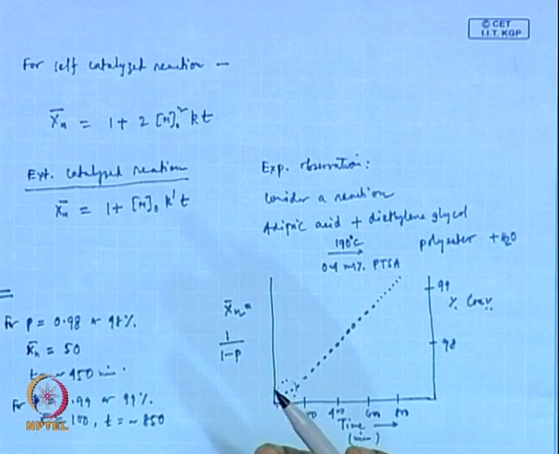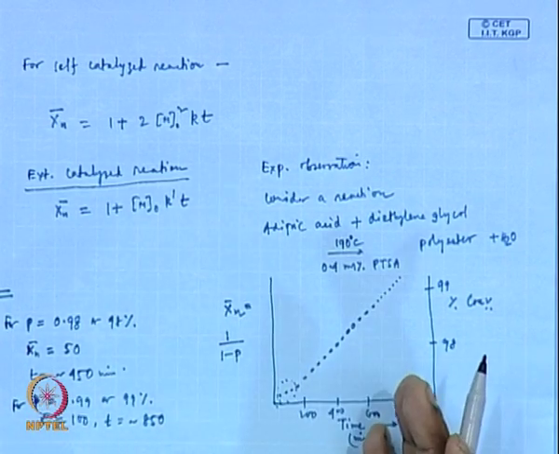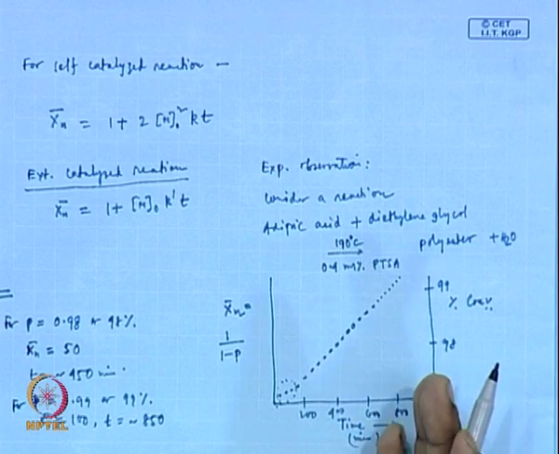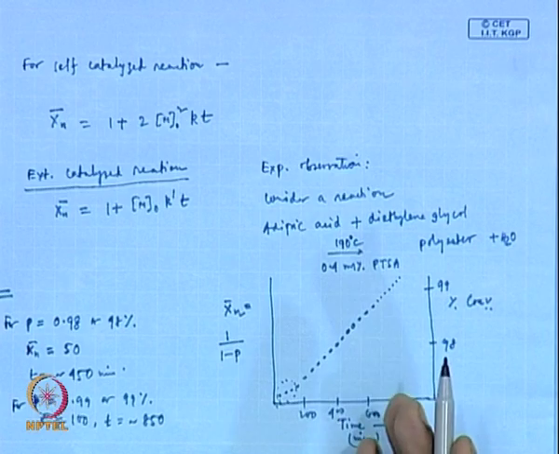Now, that may not be sufficient for our purpose. We are looking for building high molecular weight. For all practical purposes, we need high molecular weight. So, this 98% conversion may not be sufficient, it will not serve our purpose. So, we must push the conversion higher, so that the molecular weight we get is high enough to serve our purpose.